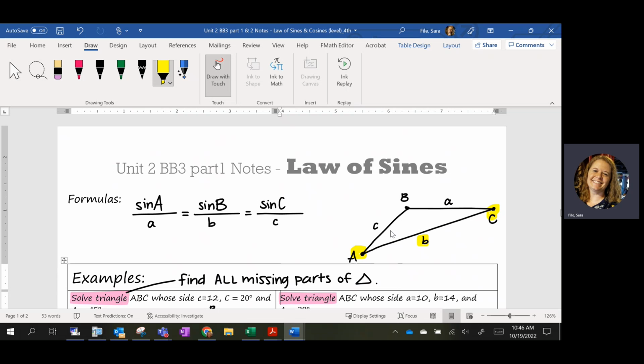And then you could set up a ratio for either of the missing sides. So that's the third scenario, the third set of given information where you could use law of sines. That's not one of the examples we did, but it's one of the times when you do use law of sines. So that one would be angle, side, angle.